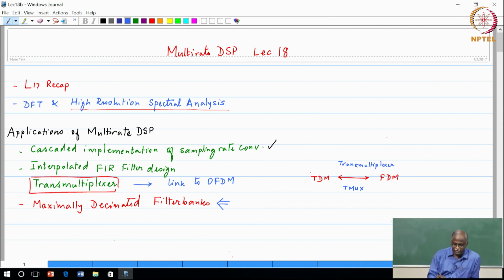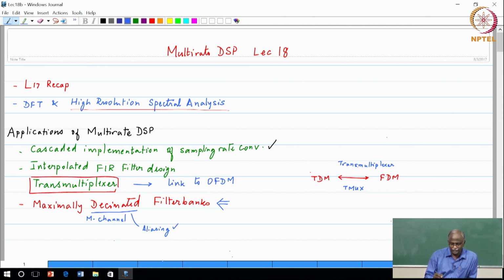The general case is an M-channel maximally decimated filter bank, and the fact that it is maximally decimated tells us that there is a potential for aliasing, because unless you have a filter that cuts off at 2 pi over M perfectly, you cannot decimate by M without aliasing happening, and you have to get rid of the aliasing.